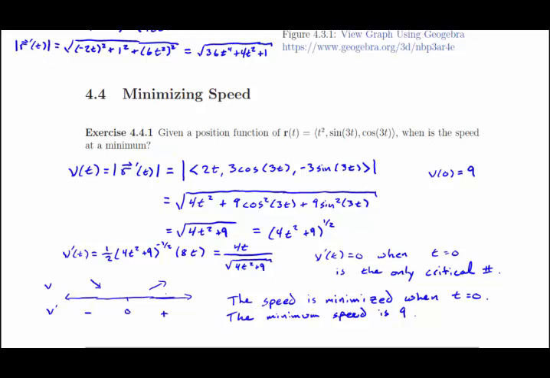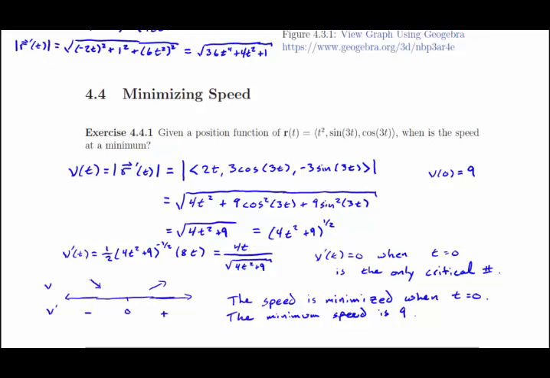If I put this on a number line, I put 0 here, I look that v prime is going to be negative when we are to the left of 0 and positive when we're to the right of 0. I can see that by saying, okay, my v prime of t always has a positive denominator, and the numerator is negative when t is negative and positive when t is positive.